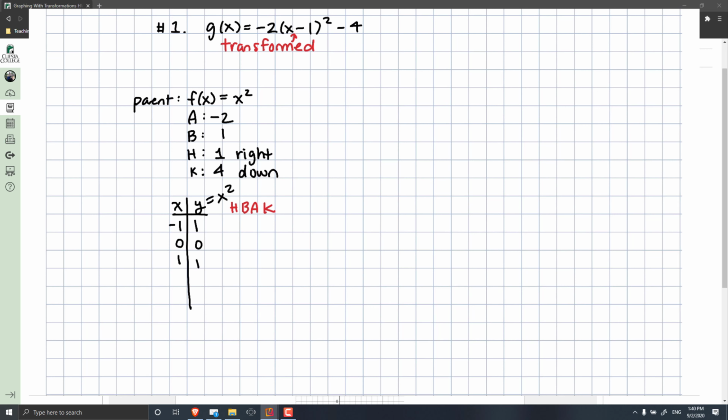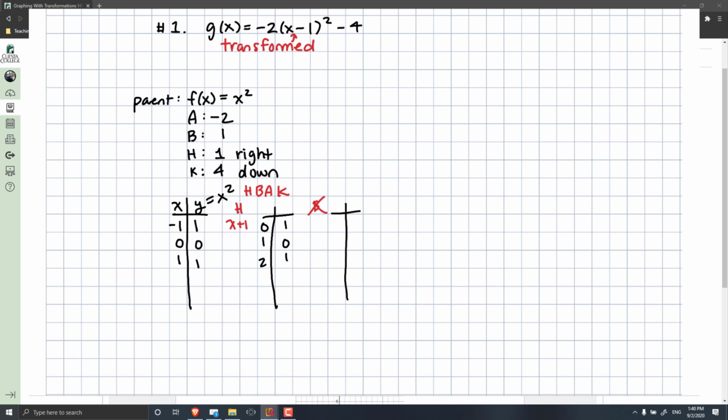For h, this was a right shift, so it's going to be all the x coordinates plus 1 unit. So it'll be 0, 1, 2, and the y coordinates stay unchanged. My b value is 1, so there really was no b transformation here.